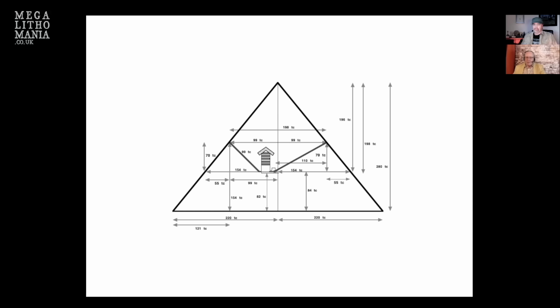And again, there's only one reason for doing that. The designer is showing off the amount of knowledge and information they had in this era. It's saying, look, we knew the form and shape of the Earth.